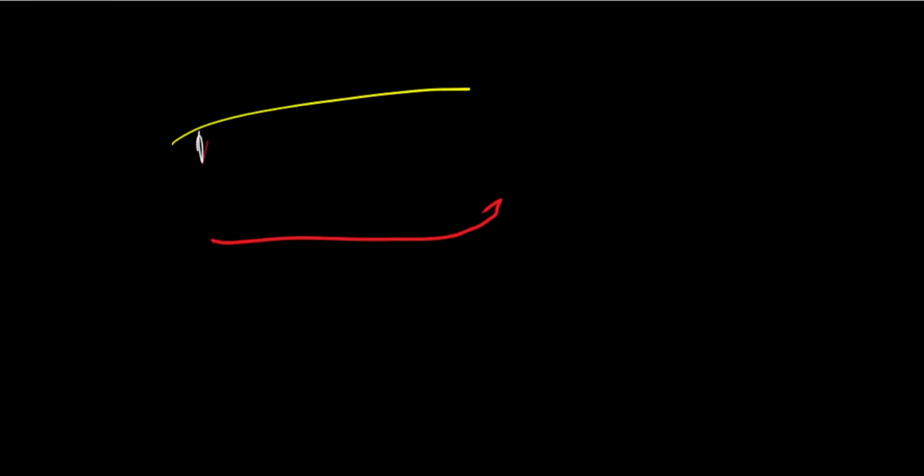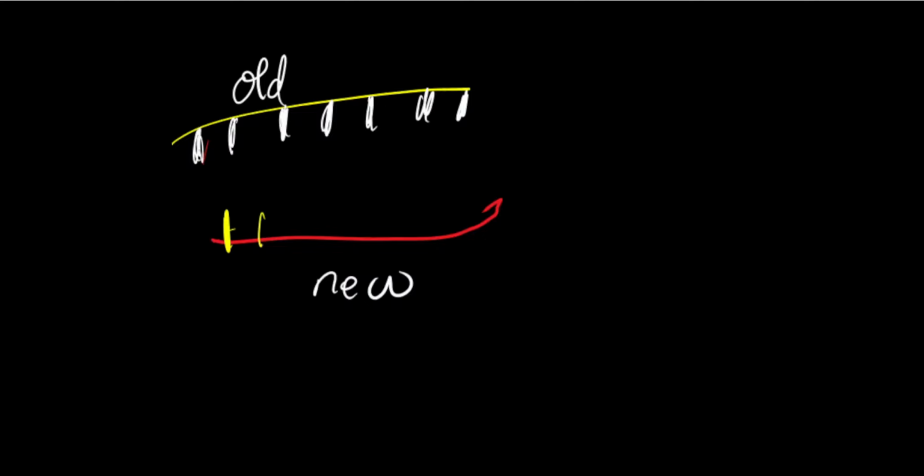So we have our nucleotide bases from the old strand, so this would be old and this would be new. We have all our nitrogenous bases in this manner, and the newly formed nitrogenous bases attached in this manner. And we said there's obligatory base pairing.